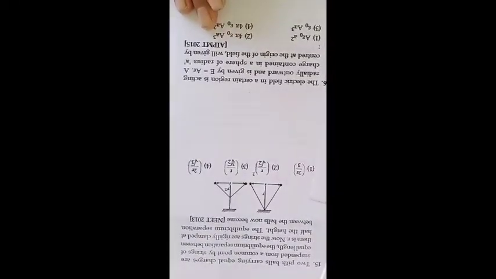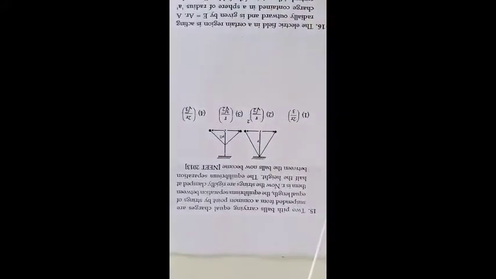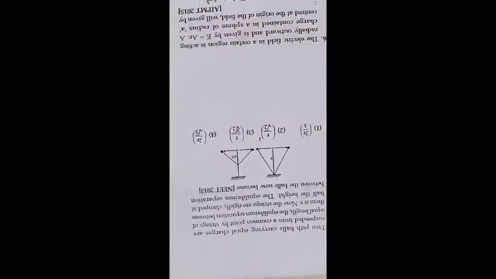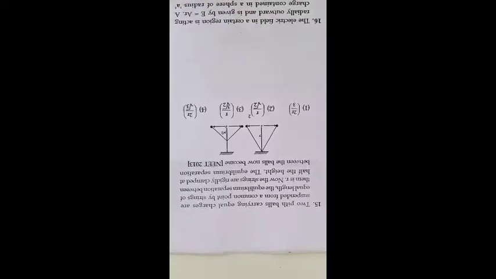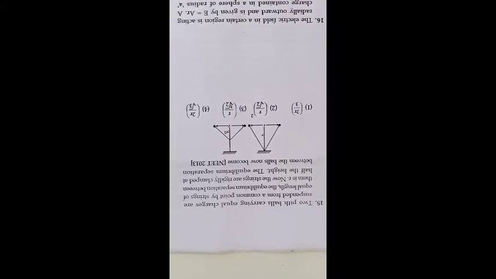So that is about the 14th question. Next, see the 15th question. What they are asking, see, 2 pith balls, means 2 lightweight balls carrying equal charges are suspended from a common point by strings of equal length.